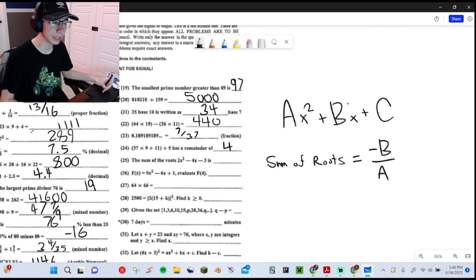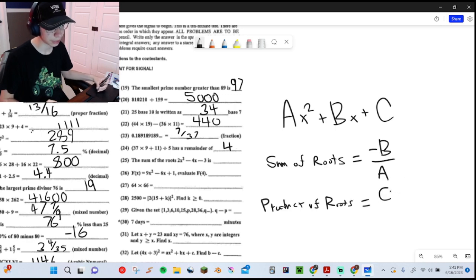Just the opposite of the b coefficient divided by the a coefficient. The product of the roots is equal to c over a. It's important to know both because they'll ask both.